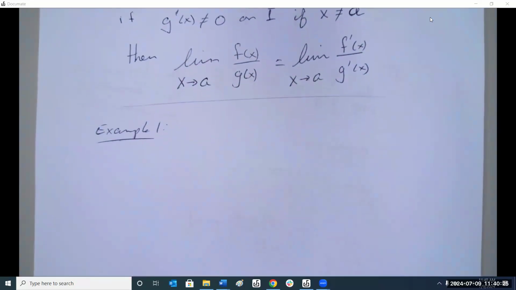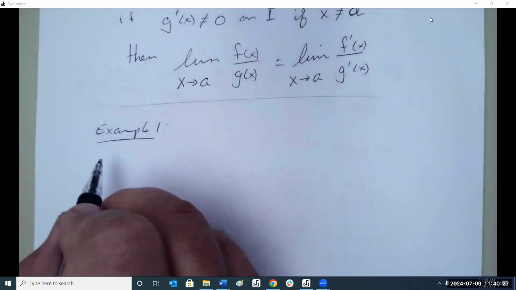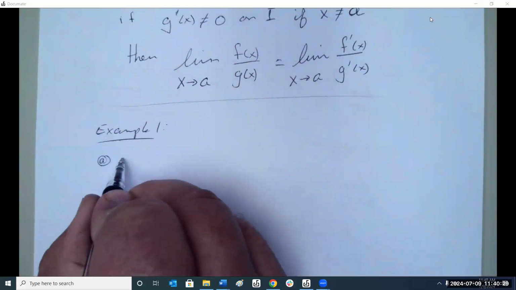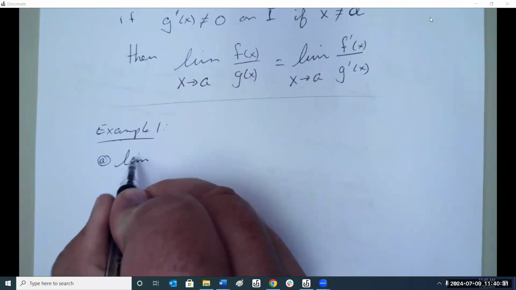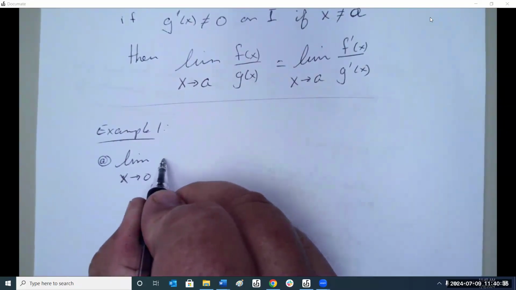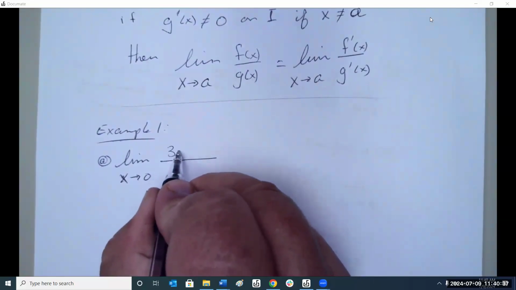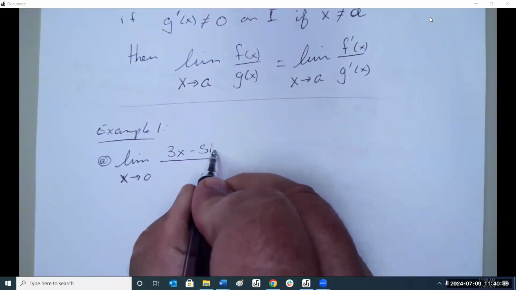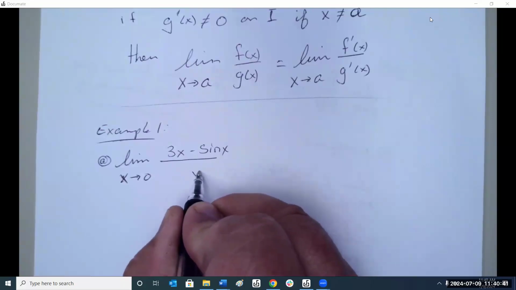Example 1. The limit as x approaches 0 of 3x minus sine x over x.